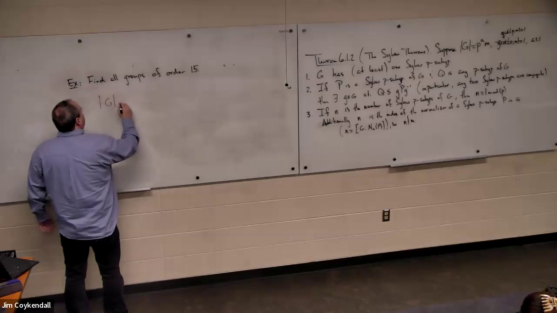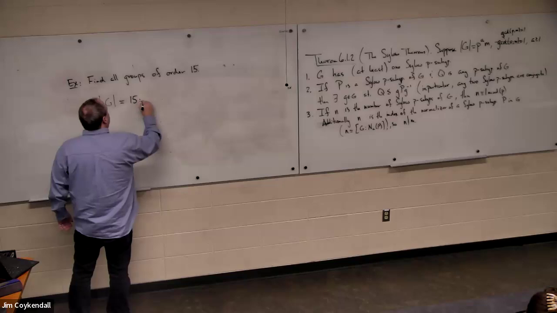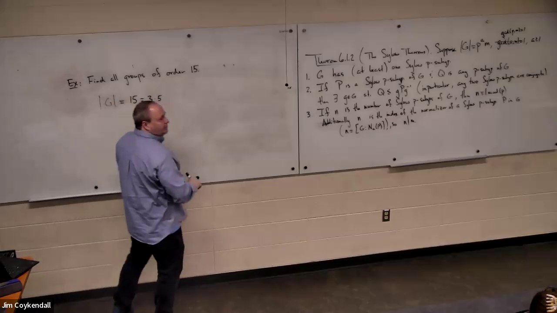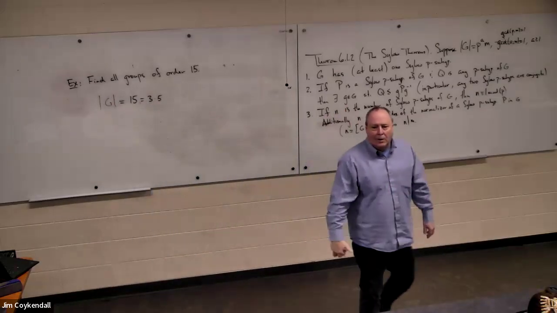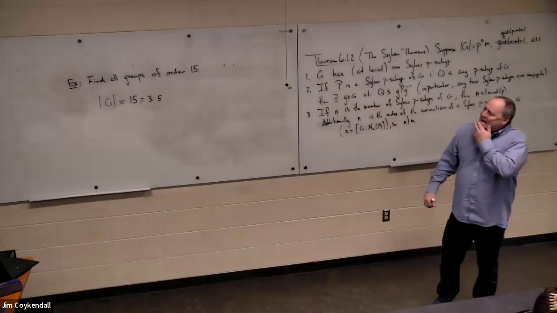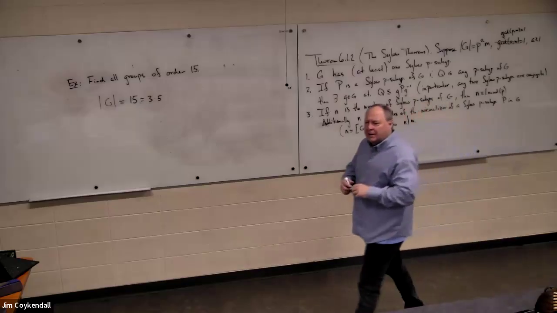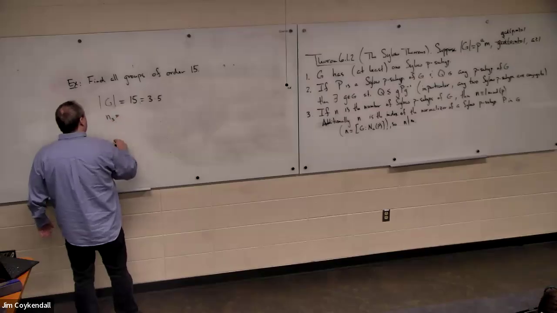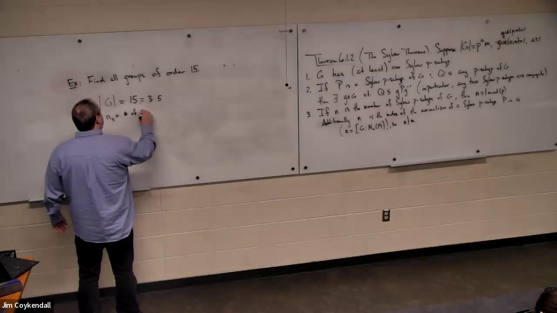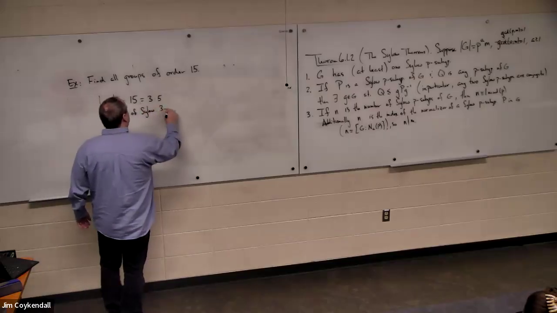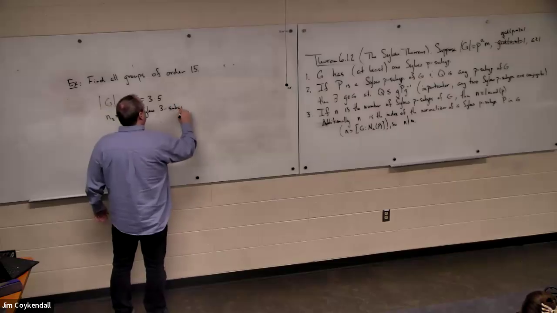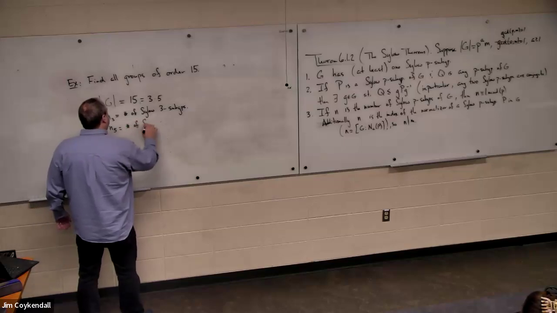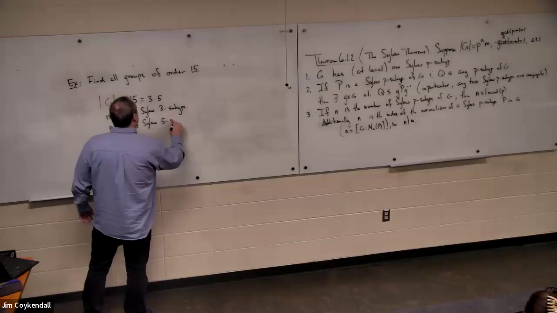Suppose that the order of G is 15, which is equal to 3 times 5. Okay, so far. Let us count the number of Sylow subgroups. Let N3 be the number of Sylow 3 groups, and we'll let N5 equal the number of Sylow 5 subgroups.